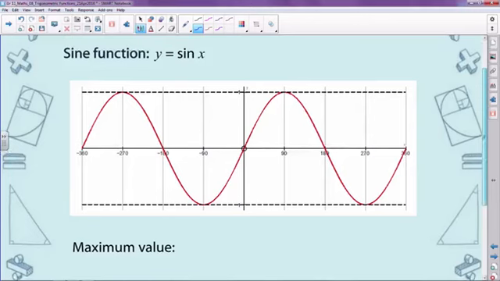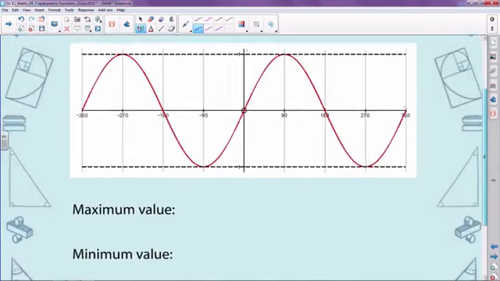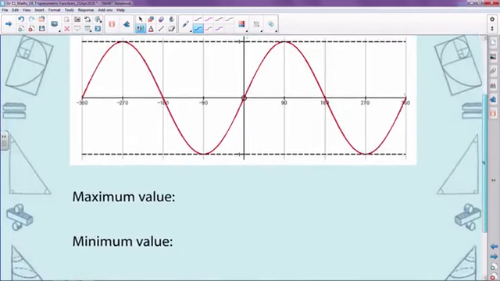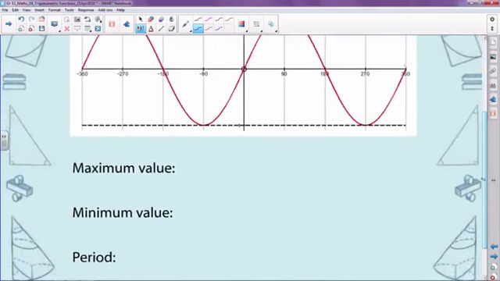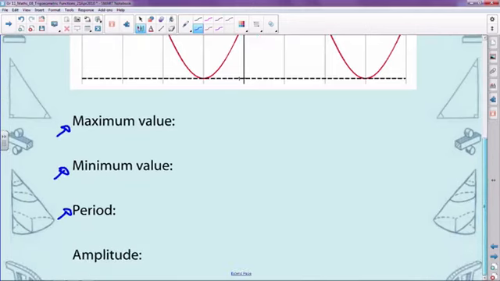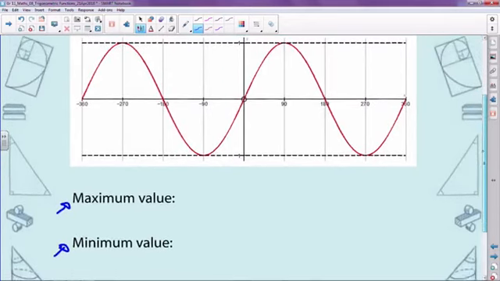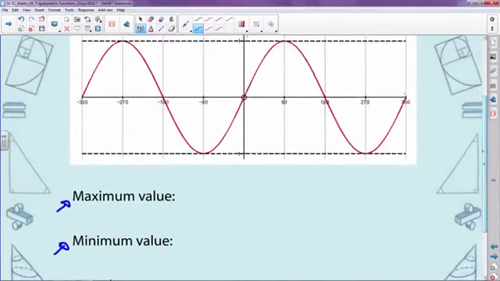Right, so you've got your y equals sine x. As part of our revision, I want you to quickly look at the following: the maximum value, the minimum value, the period of this graph, and the amplitude. As you're working with your friends, let's look at this graph.